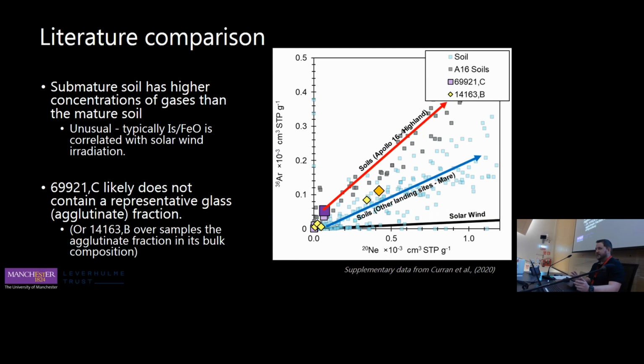We wouldn't normally expect that. We would normally expect solar wind implantation to correlate with maturity. And we suspect that this indicates that maybe the measured sample aliquot used in one of the analyses is either oversampling or undersampling the agglutinate content of the parent soil.